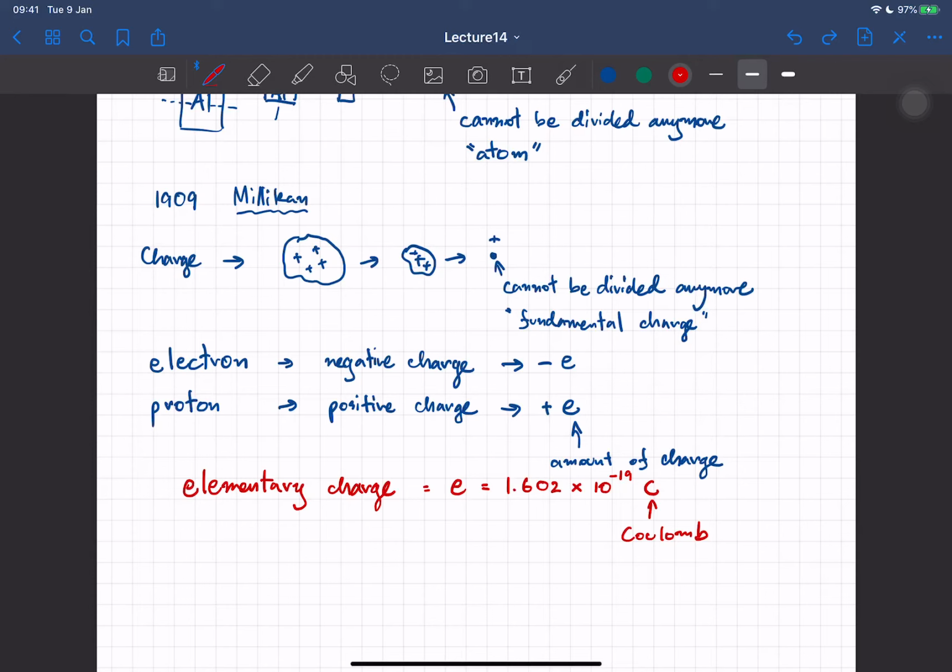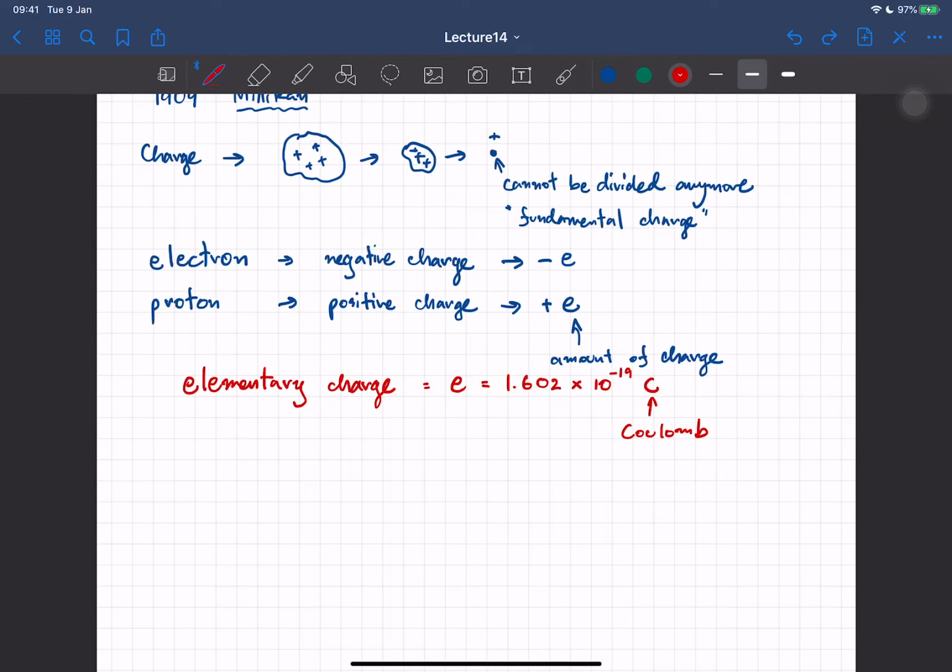So what did Millikan actually measure? I'm not going to talk about the experiment. I'm only going to tell you that the experiment is called the oil drop experiment. Some of you might have studied this in high school, but it's not so important for us now.